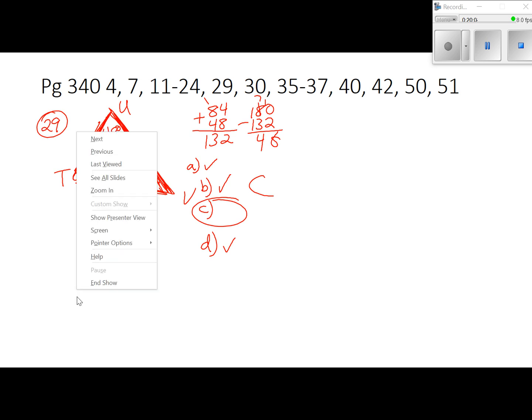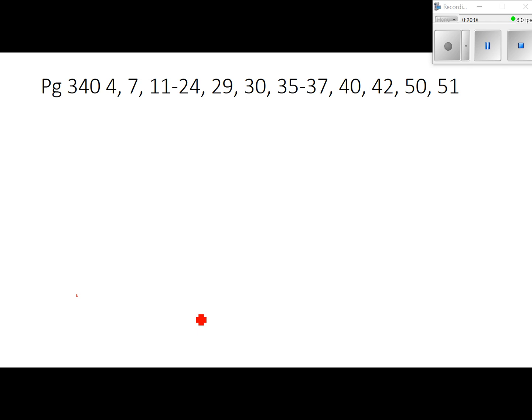Number 30. On number 30, it says, in triangle RST, which is a possible side length for ST, select all that apply.